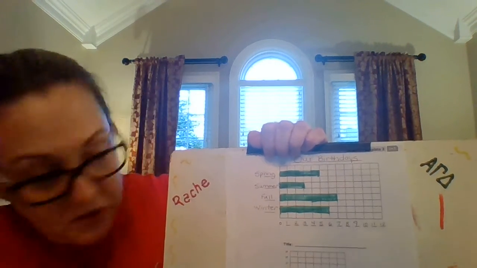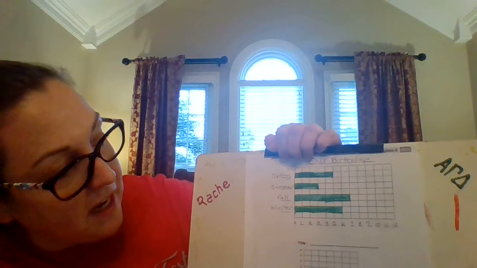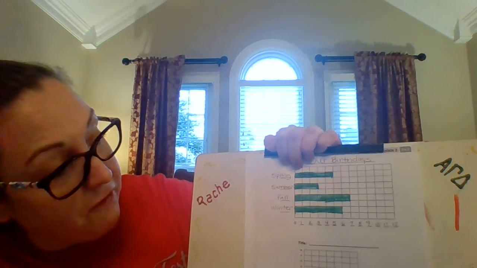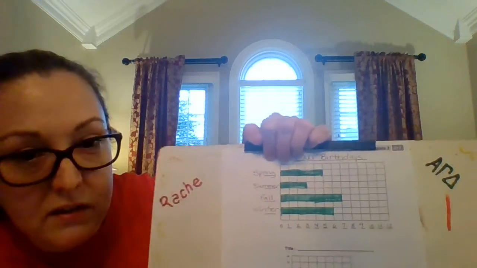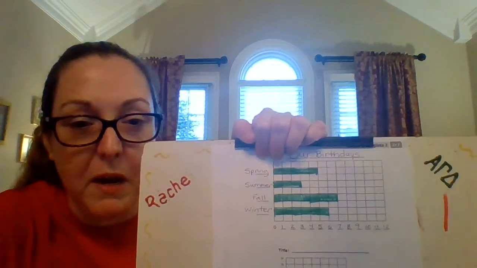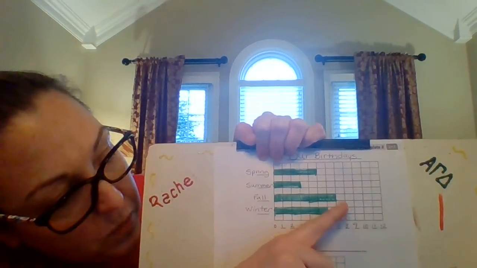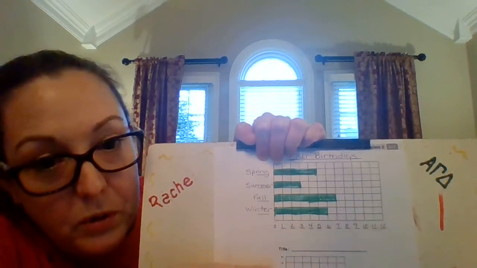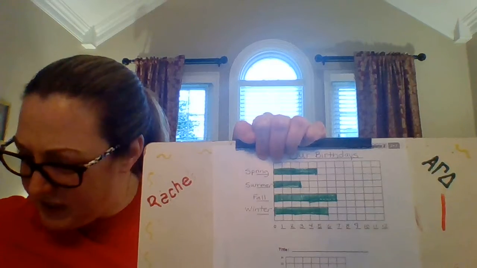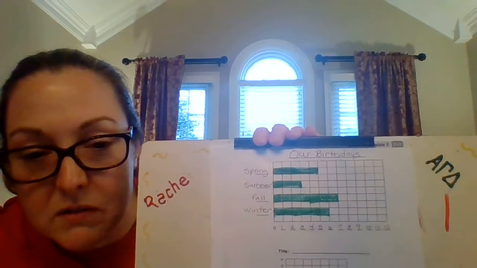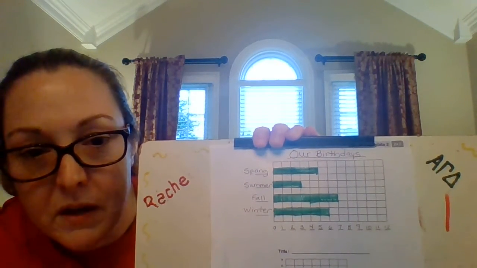How many more students have a birthday in the fall than the winter? You might be able to tell just by looking at the graph. The fall is 1 longer, so 1 more birthday in fall than in winter. And there's lots of other comparison questions we can do now that we see this data.